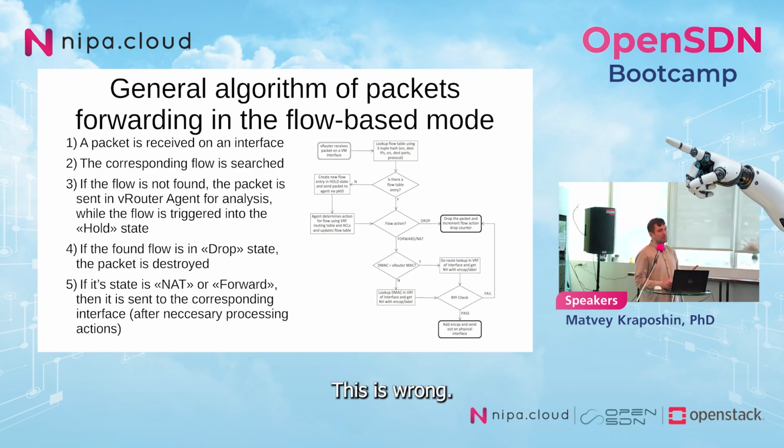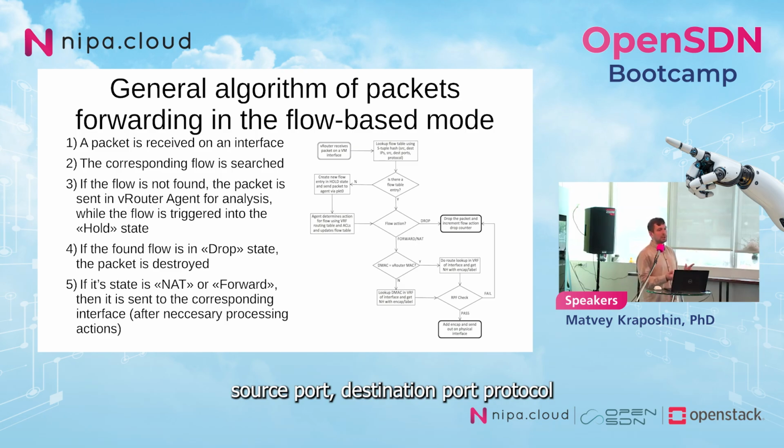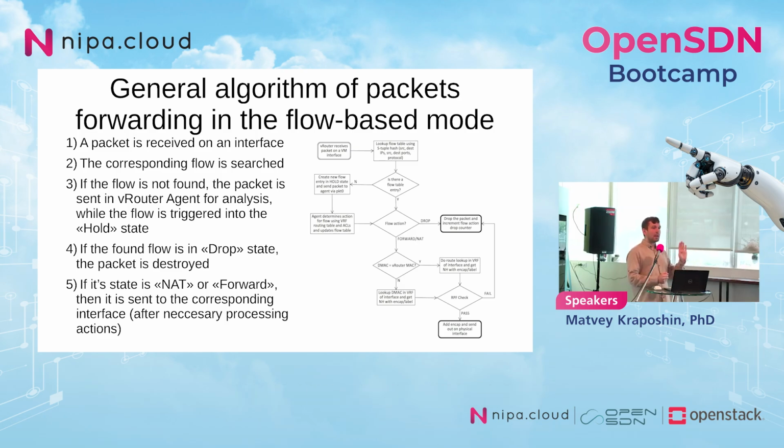This is wrong. Actually, it uses 6-tuple hash, including source IP, destination IP, source port, destination port, protocol, and VRF.